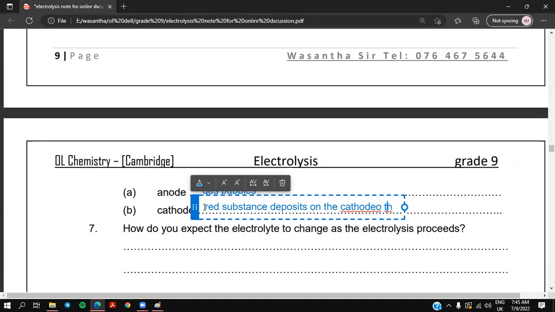We can see red substance deposits on the part dipped.